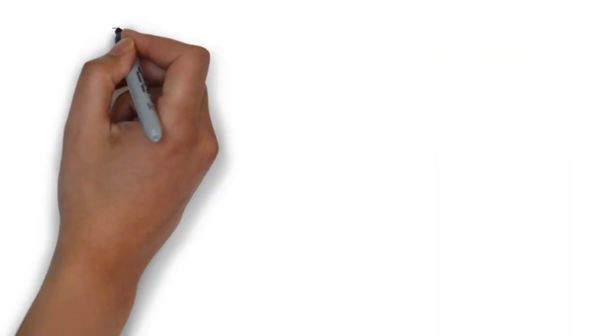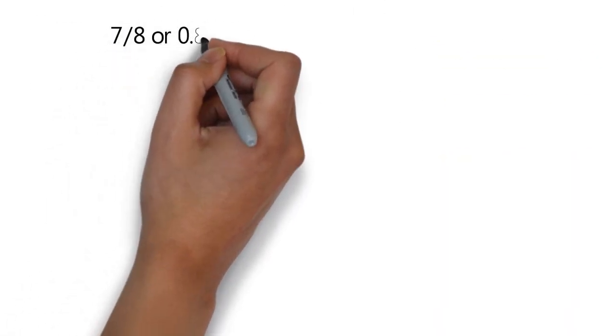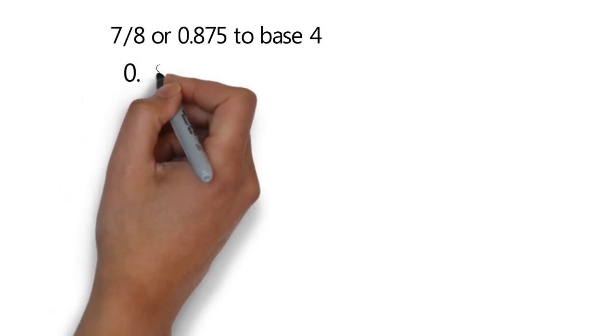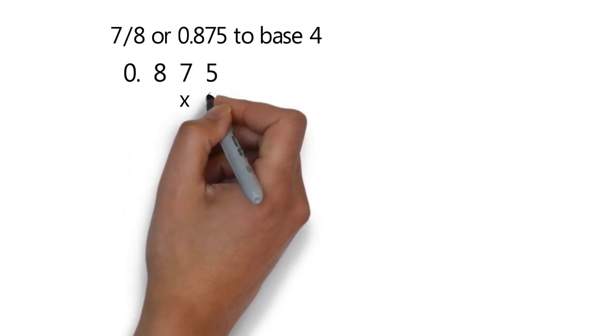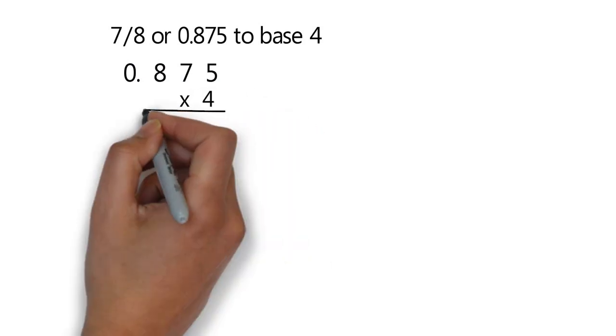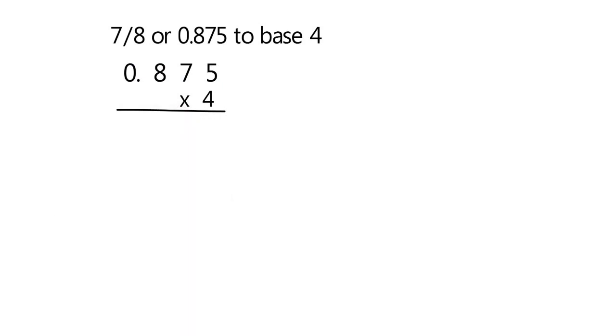So let's convert the same fraction to base 4. So converting this to base 4 now, I have 0.875. So I multiply my 0.875 by 4. I get 3.5. I can add 0 if I want.